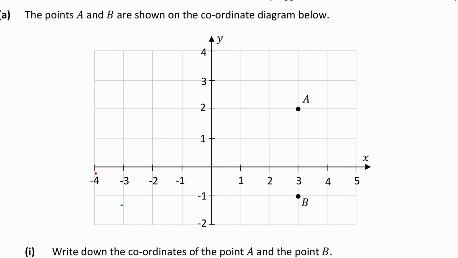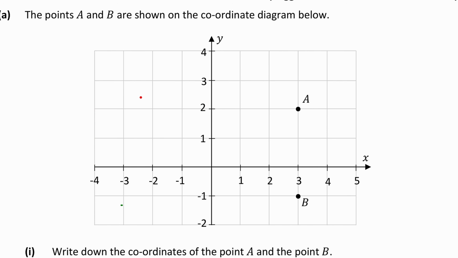The y coordinate is 2. So we have to go up by 2. So 1, 2. So this is the point. Here is the point C, with the x coordinate of minus 4 and the y coordinate 2. Remember that we go up.